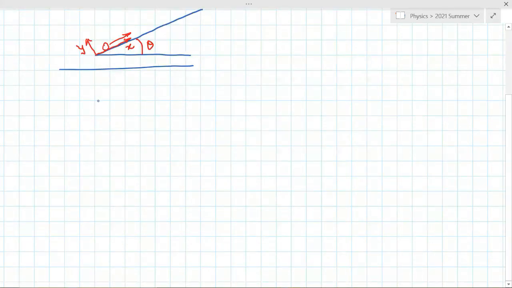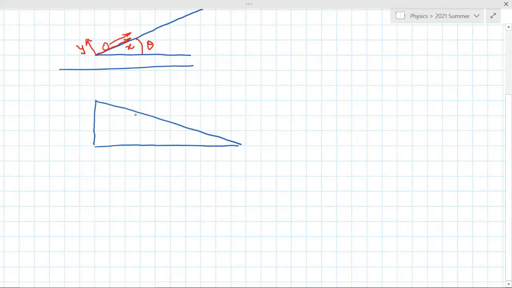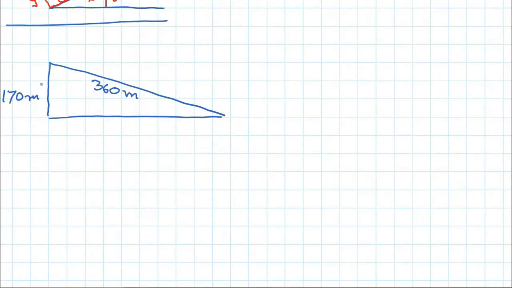So we have this mountain slope. This distance along the slope is 360 meters, and then the vertical drop is 170 meters. The skier is starting here, and they're starting from rest.